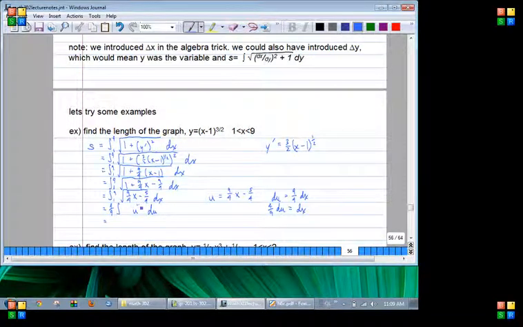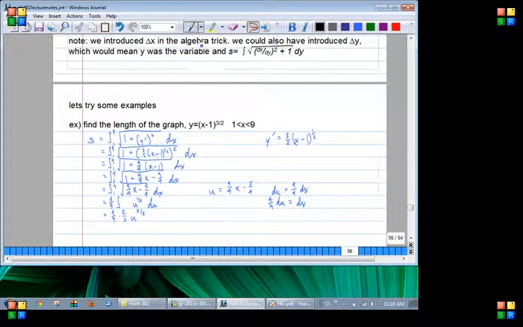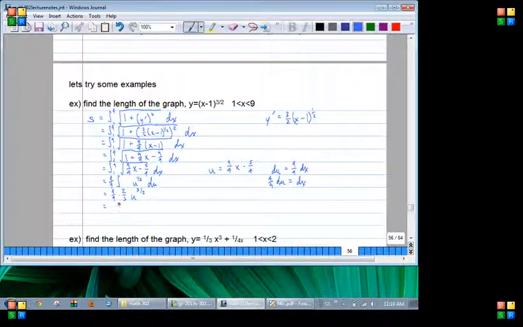So the integral of that is u to the 3/2 and then times 2/3. So this is 8/27 u to the 3/2, but u was 9/4 x minus 5/4, to the 3/2.